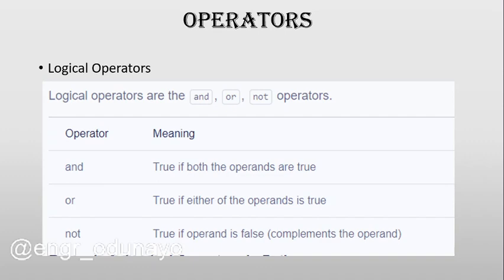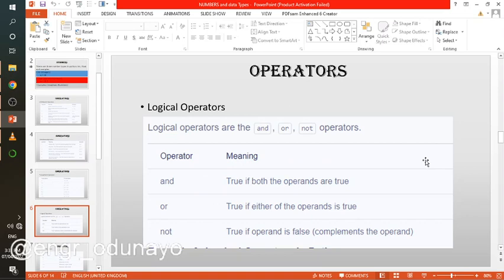If one of the operands is false, it's going to return a false as the answer. Now for the or, if at least one of them is true, it will give you a true. So even if one of them is false, it will still give you a true. While the not is just an inverter, it will invert the actual value you have there.